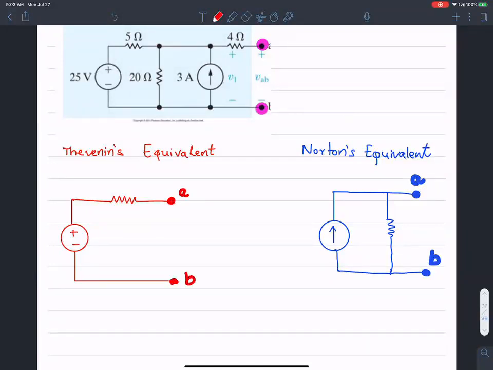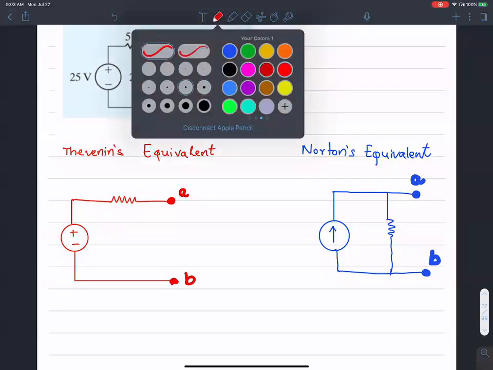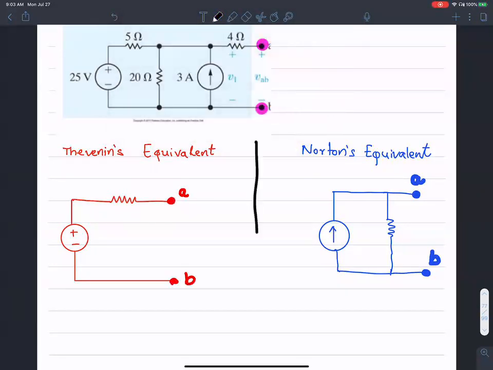The Thevenin's equivalent for the circuit came out to be, what value did we get for the Thevenin's voltage, VTH? I think it was 32 volts. And what value of resistance did we see there? 4 ohms, 8 ohms, I don't remember. I think it was 8. 8 ohms, okay, thank you.